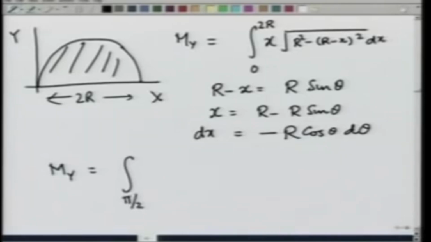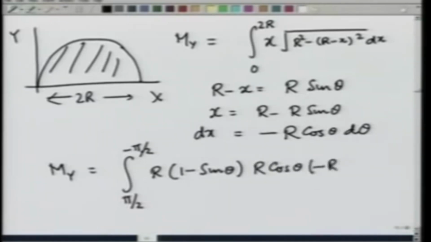When x equals 2r, sin theta is going to be minus 1, and therefore theta is minus pi by 2. x equals r times (1 minus sin theta), square root of r square minus (r minus x) square is going to be r cosine of theta, and then for dx I have minus r cosine of theta d theta.